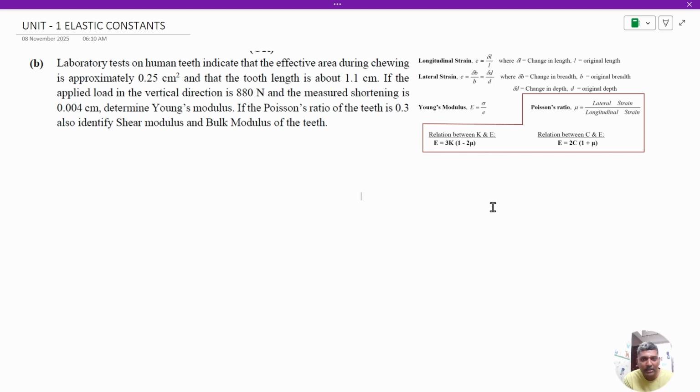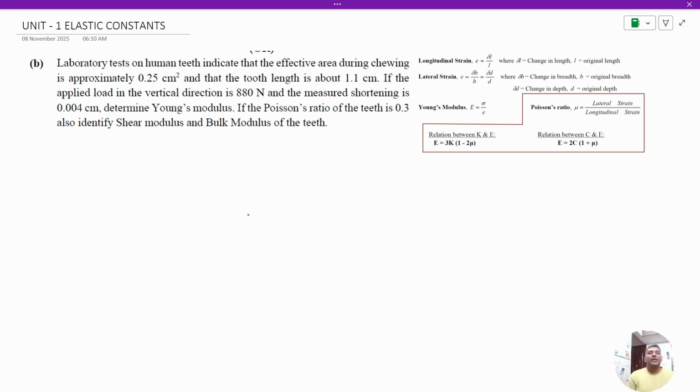Determine Young's modulus. If the Poisson ratio of the teeth is 0.3, also identify the shear modulus and bulk modulus of the teeth. Okay, so first, it may look like something very complicated, but it is not complicated.